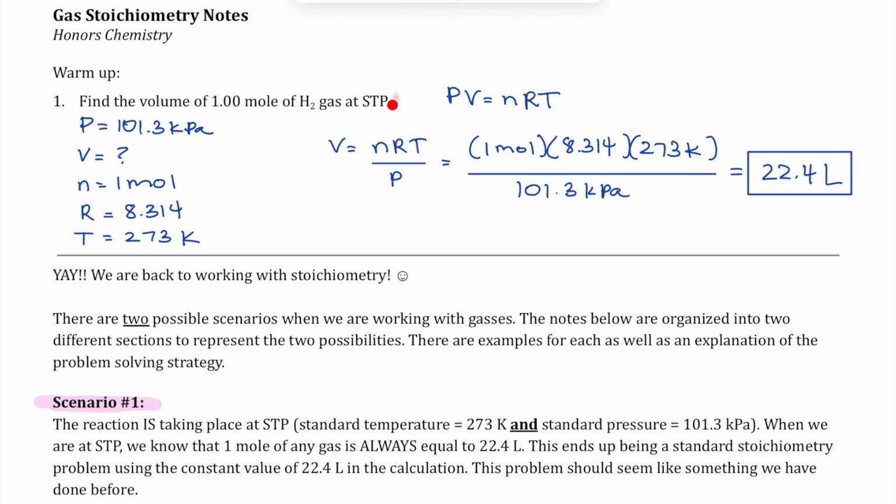Because if we have standard temperature and pressure, that means this relationship is always going to exist. At standard temperature and pressure, 1 mole of gas is always going to have that volume of 22.4 liters. But if we are not at standard temperature and pressure, then that relationship doesn't exist.